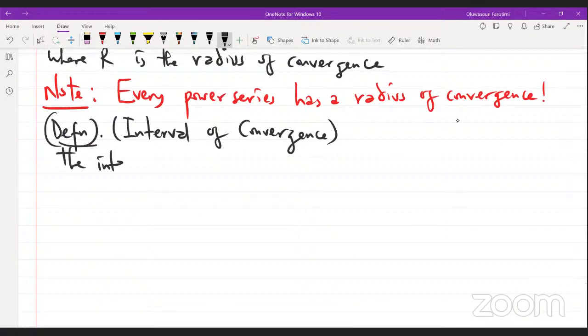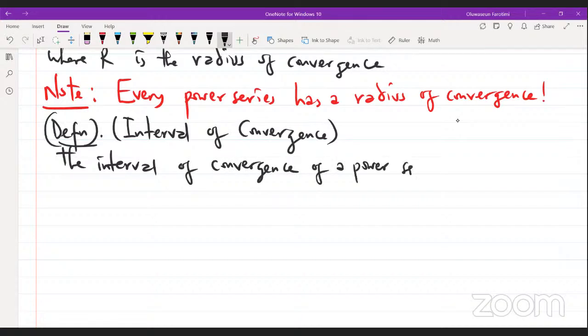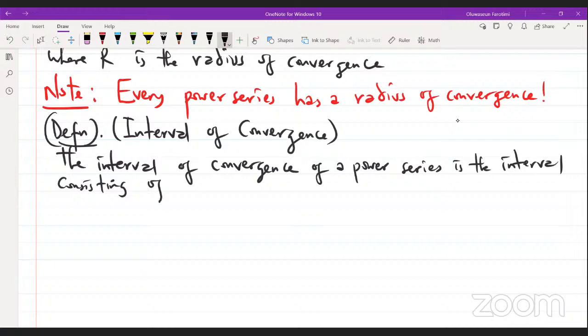The interval of convergence of a power series is the interval consisting of all values of x for which the series converges.